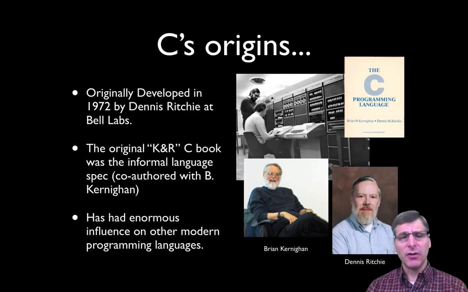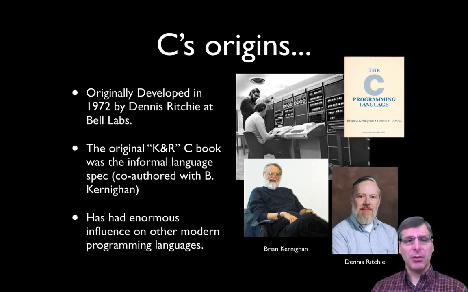So where did C come from? Well, it was originally developed by a person by the name of Dennis Ritchie at AT&T Bell Labs way back in 1972. And you can see some pictures there of Ritchie. And there's also another person I've got here, Brian Kernighan. Although he didn't actually write the language, he was very involved.